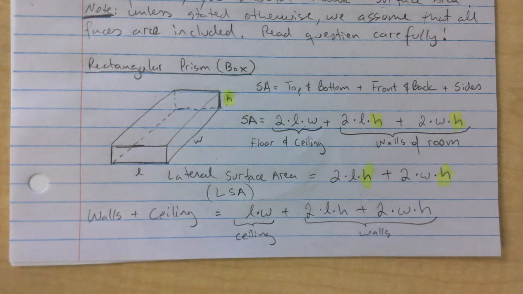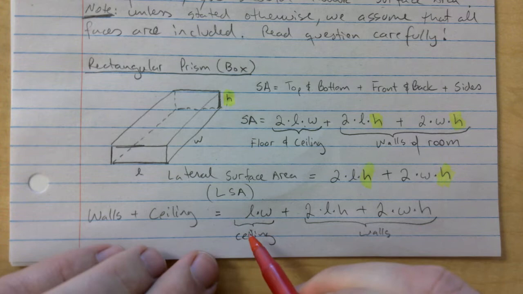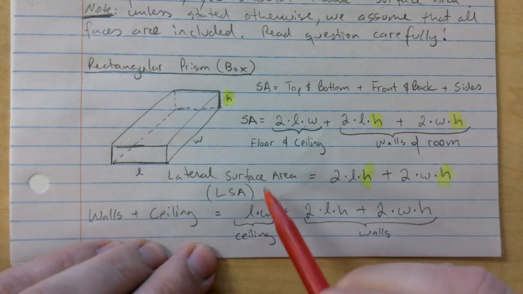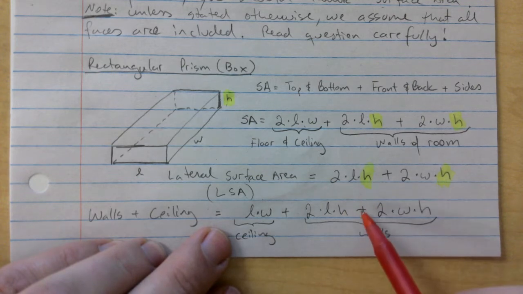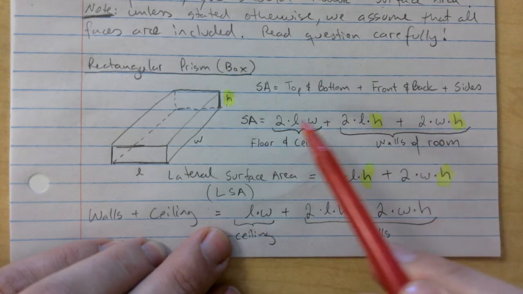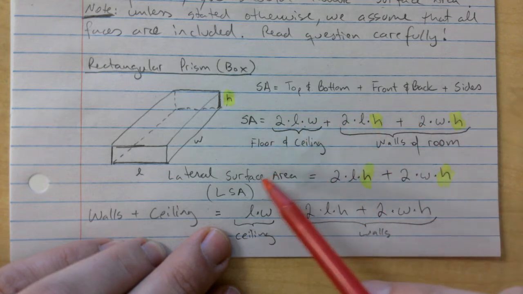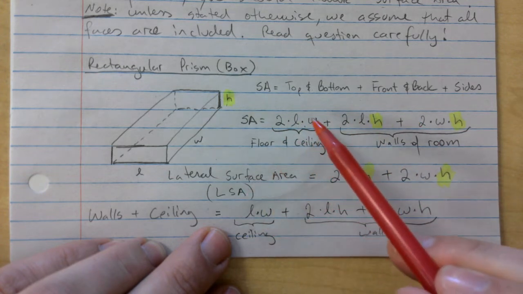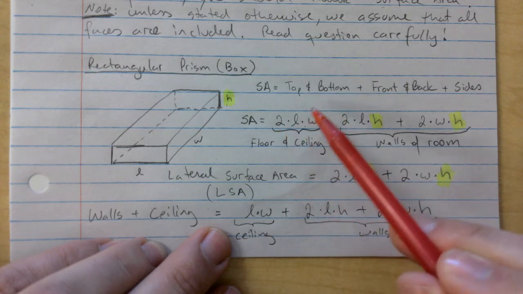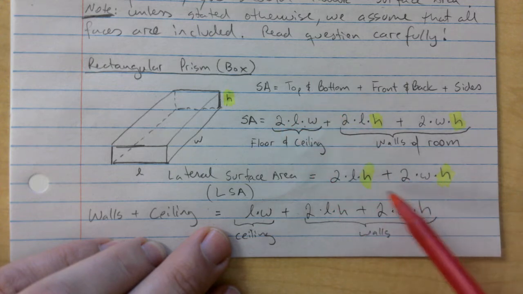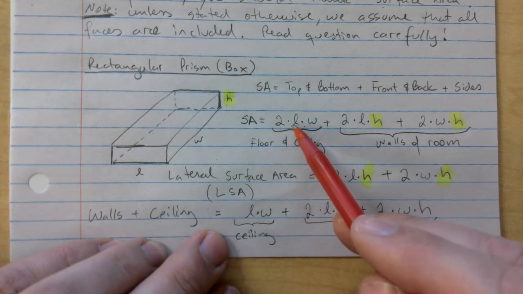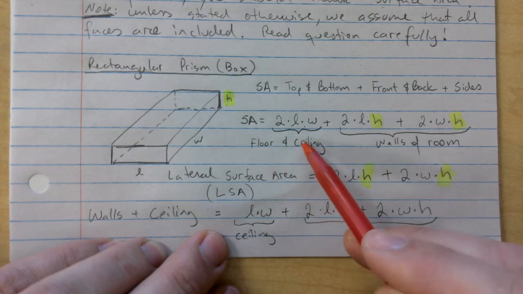Both of these formulas that I'm giving you are derived from the original, which includes everything, right? Lateral surface area, we did not include the floor and the ceiling, or also known as top and bottom, so we completely eliminated that here. And notice that from the original, we had 2 times length times width because we had the floor and the ceiling.